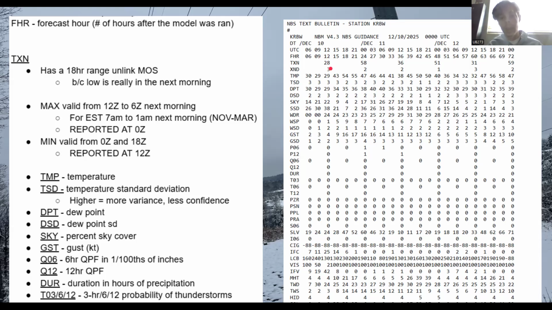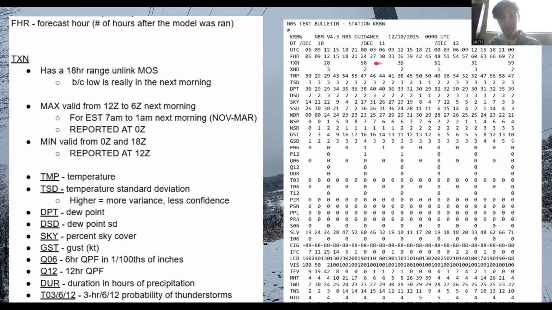The low is always at 12Z, the high is always at 0Z. The low is going to be for the time period before it, the gap before it. This 58 high is actually really going to be the high for December 10th.